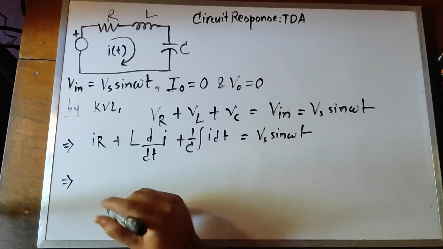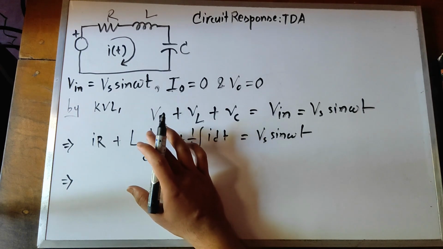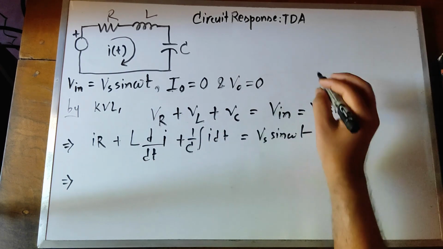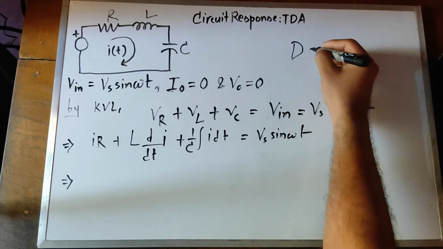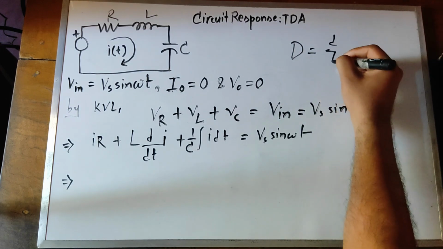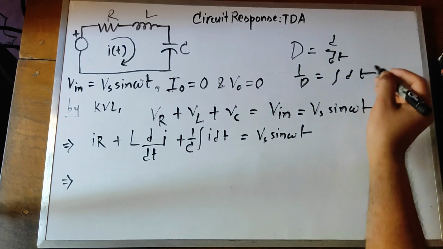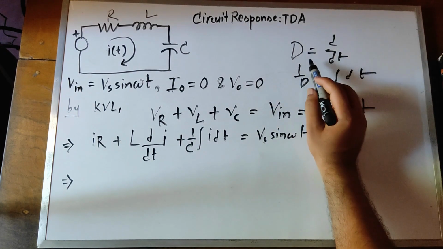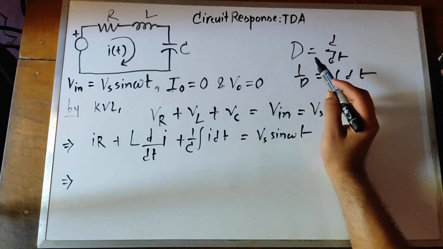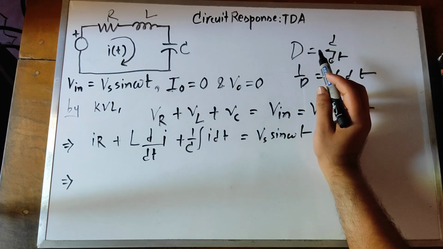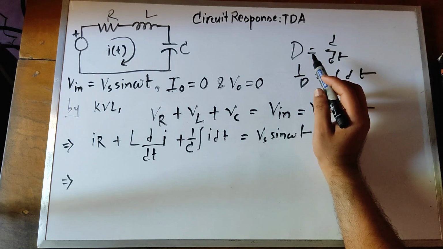Now if I rearrange this, I will take d by dt as D, and 1 by D as integration. So D is the linear differential operator. It will make our derivation easier.